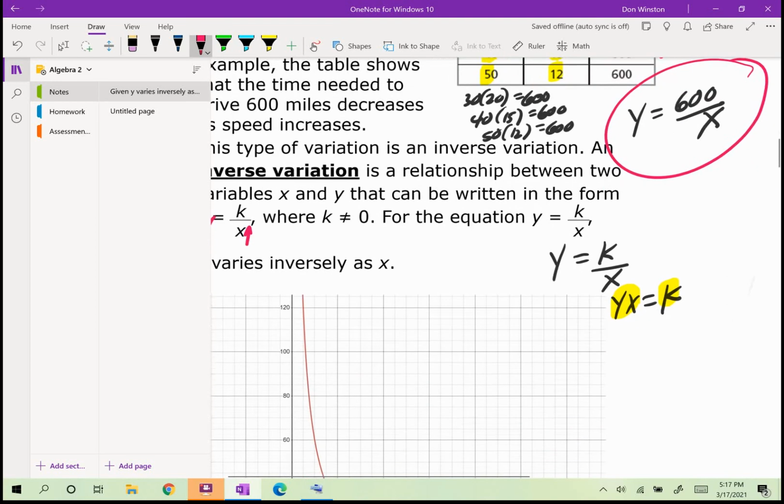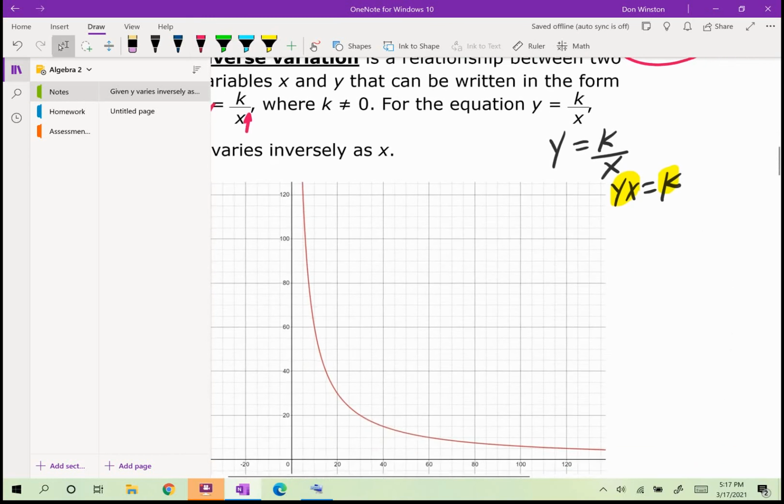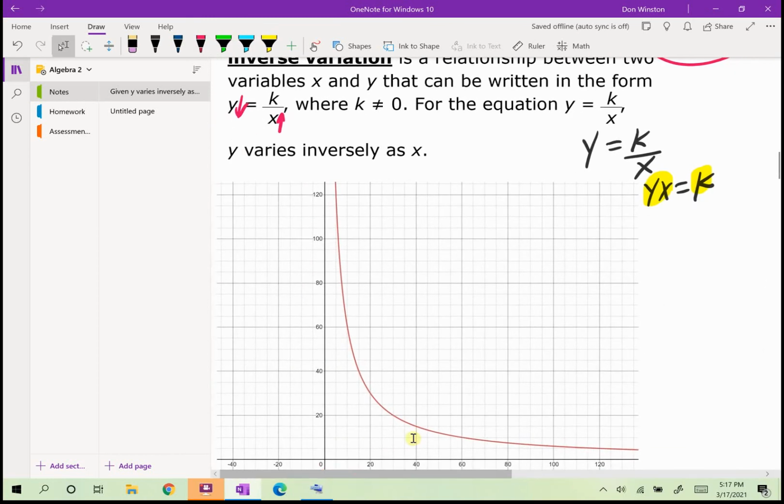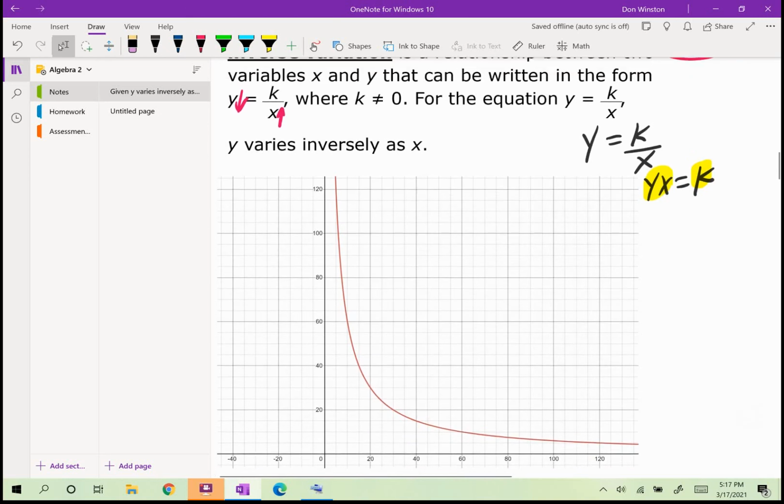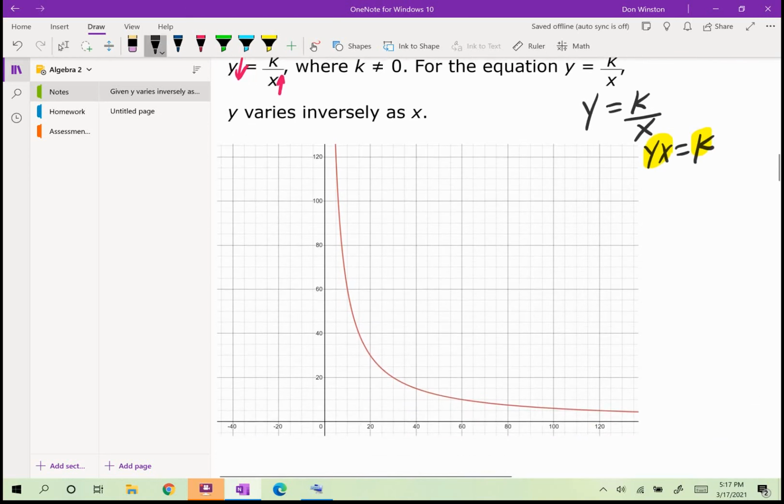Now, for inverse variation equations, we get this one half of the graph. This is only one half of the graph. We'll look at the other half a little later. But I want you to notice here that as x increases, y decreases.